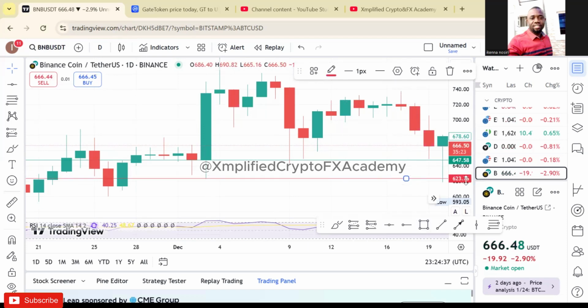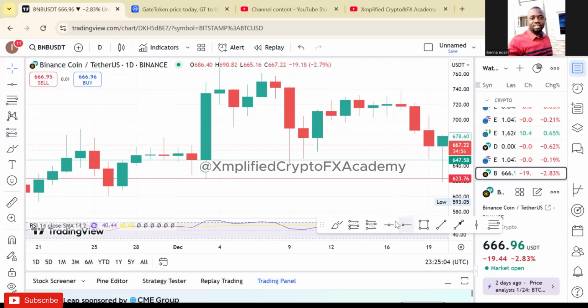When it opened at this price, it came down below the opening price, and people started buying it up. Then it kept rising, buys started happening.